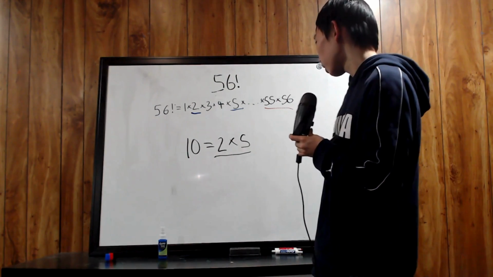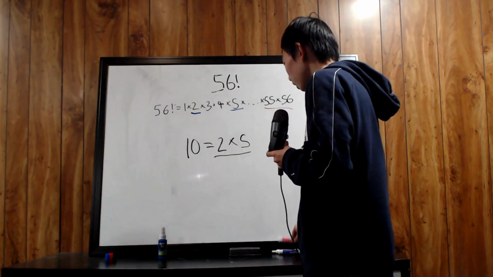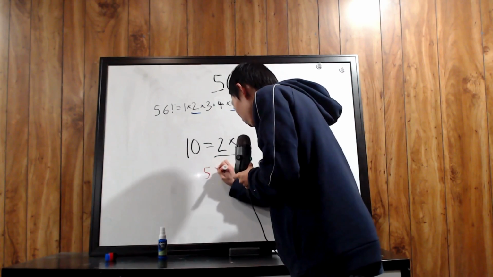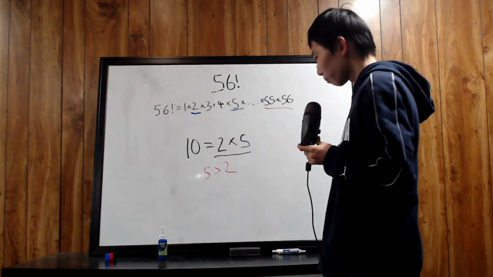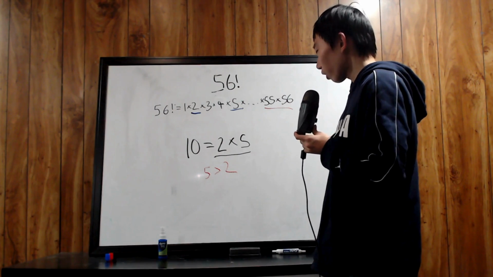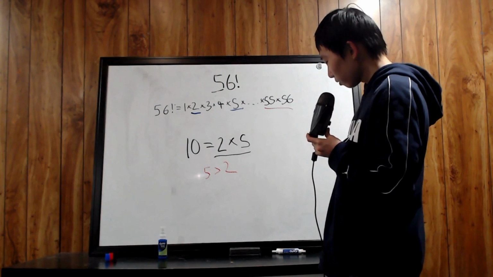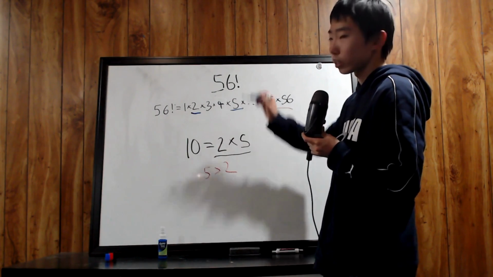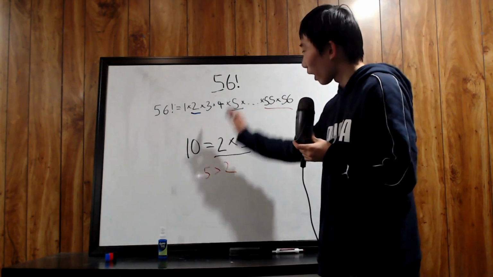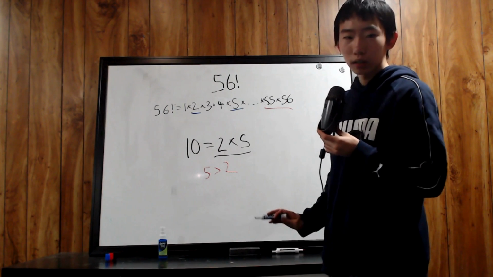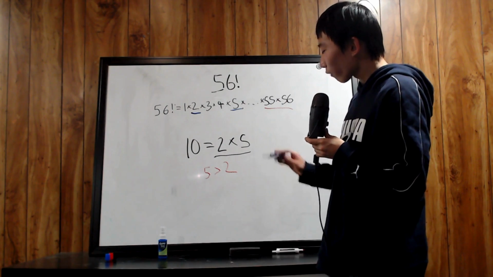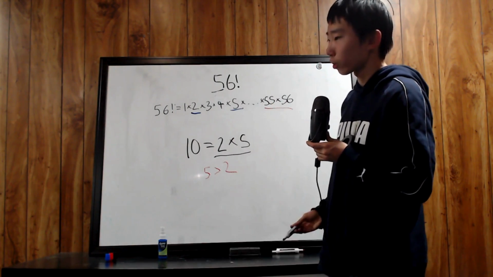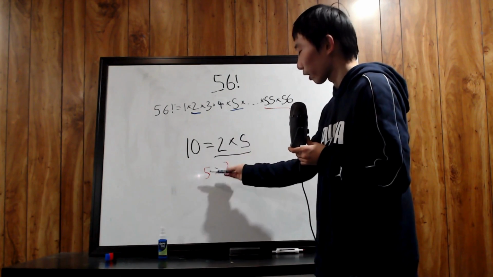And likewise here, notice that 5 is greater than 2. That's obvious, but how does this help us? Well, since 5 is greater than 2, you can fit more 2s into 56 factorial than you can fit 5s. In other words, there will be more factors of 2 in 56 factorial than factors of 5.